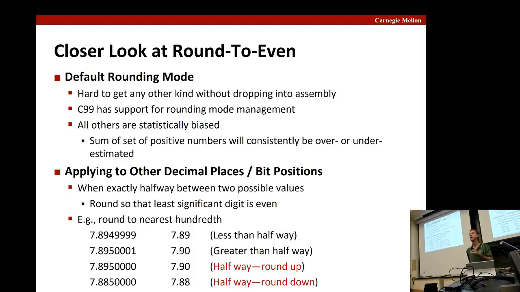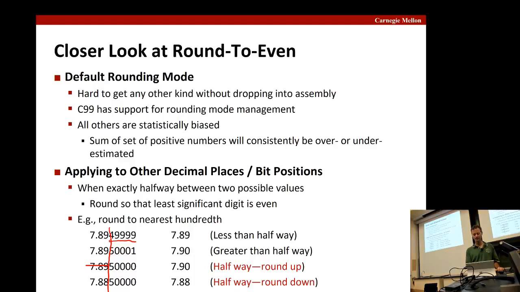Okay, so that was the nearest dollar, but let's suppose you want to round to the nearest hundredth in this example. You want to round all but the 2 digits off. How are you going to do this? The obvious thing to do is to look at the digits to the right of where you're truncating, and then round to whichever direction is closest.